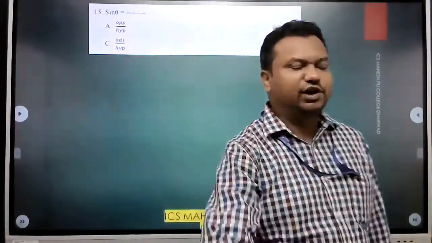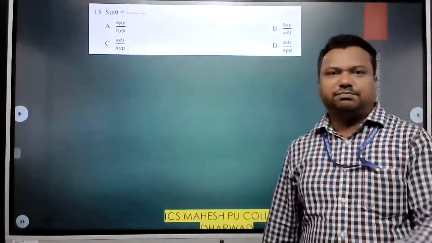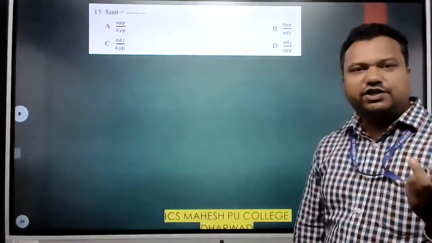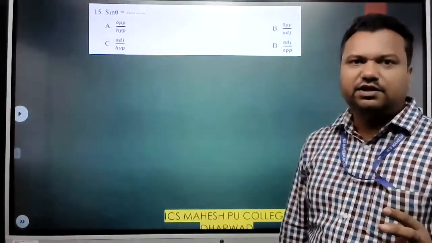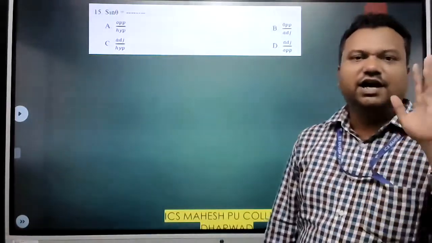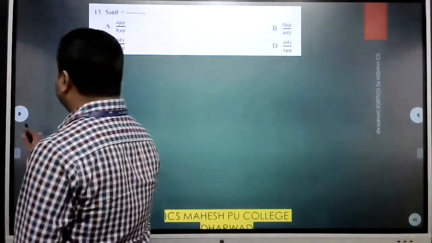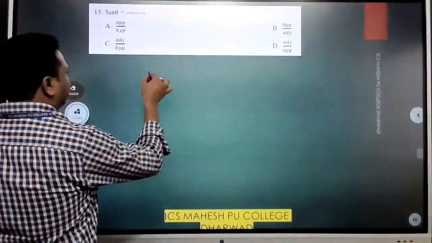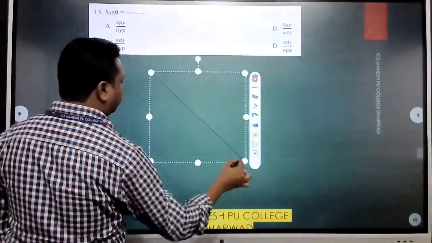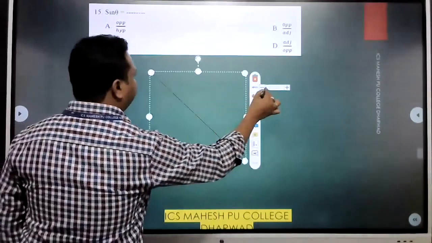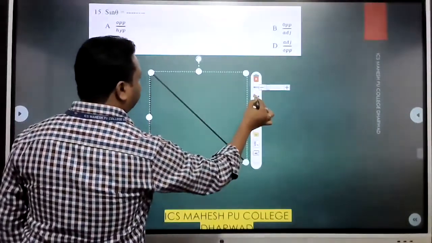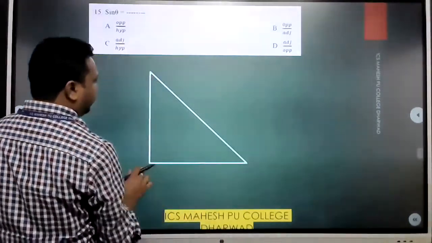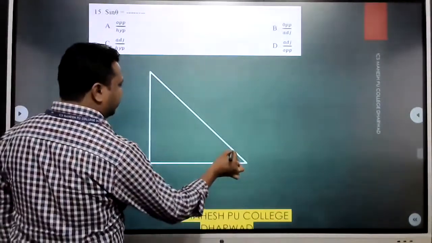Next, from trigonometry, as you all know, it is a basic definition of the sine function. The question is all about the relation between the opposite, adjacent, and hypotenuse. Clear, right? Let me define here. I will consider a right angled triangle.